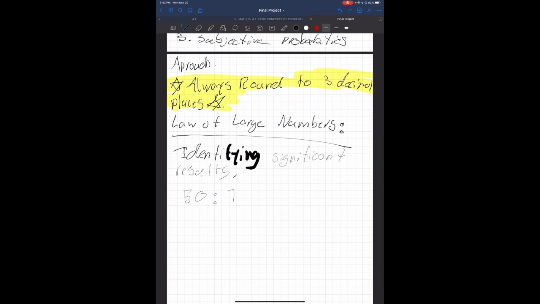For example, 50 to 1 is an extremely significant result. Or 2 to 1: there's double the likelihood of this event happening over the other one.